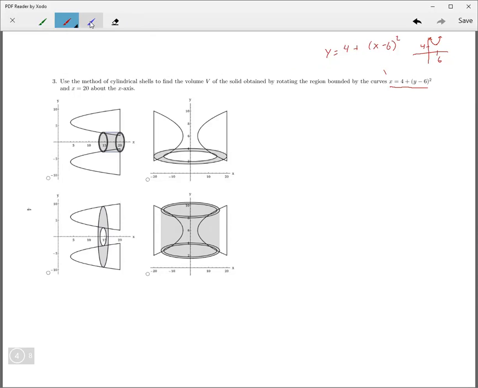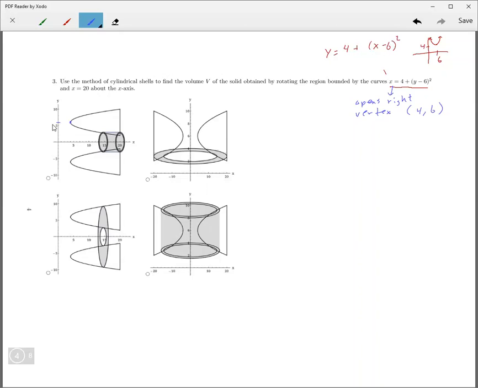So that means it opens right, and the vertex is going to be 4, 6. Because when y is 6, then that zeroes out, and x is 4. So 4, 6.